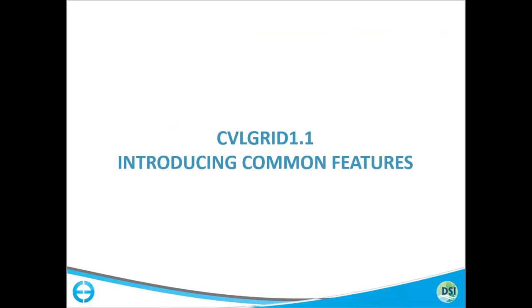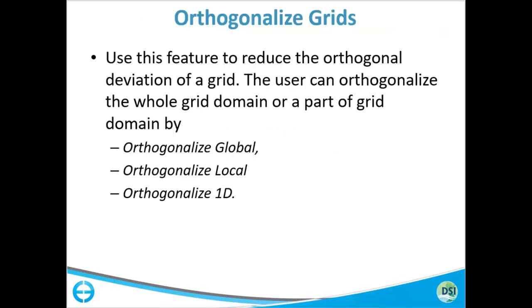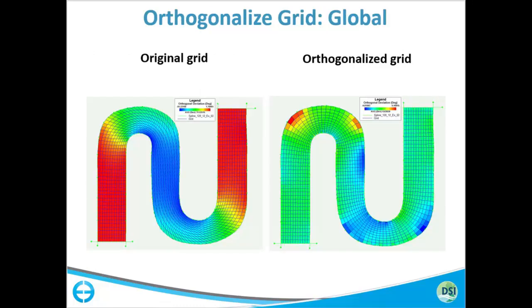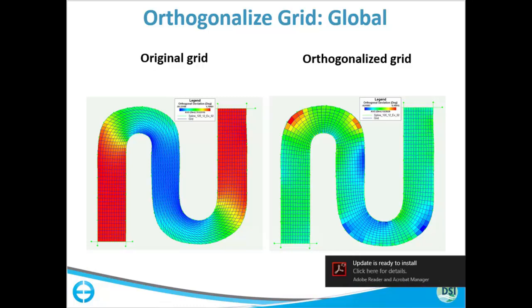So some of the common features, some of them I already mentioned, but I want to show you in figures so it's easier to understand what I meant. So the orthogonalized grids. For example, you create a grid with these kinds of splines, and it doesn't look good orthogonal. CBL Grid will display the orthogonal deviation as color contours.